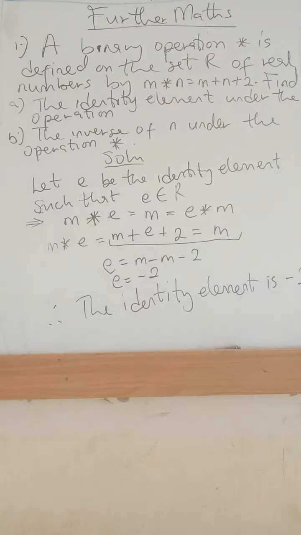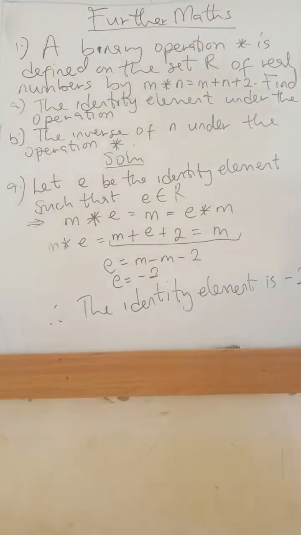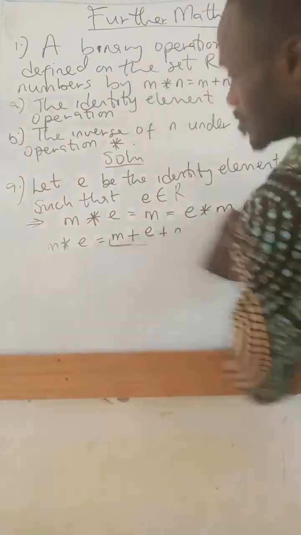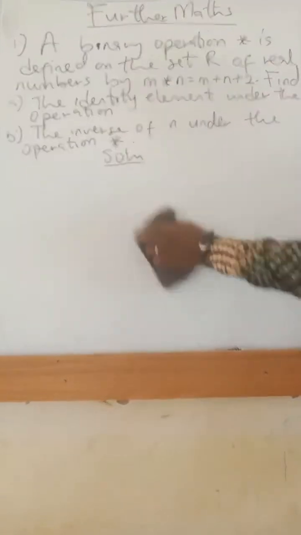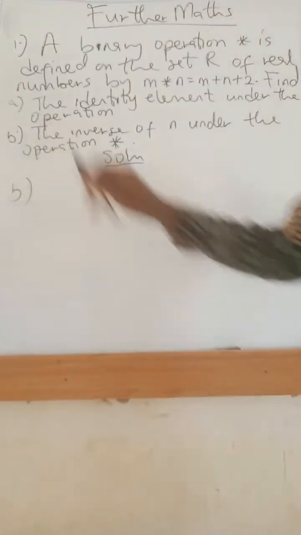Now, the next question says find the inverse of n under the operation star. So, permit me to wipe. Let me wipe the first part. This is A. We just finished A. Now, B, the inverse.